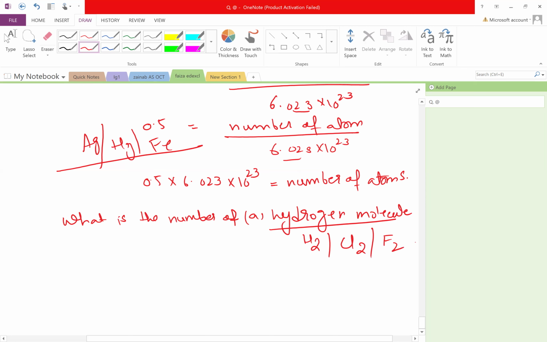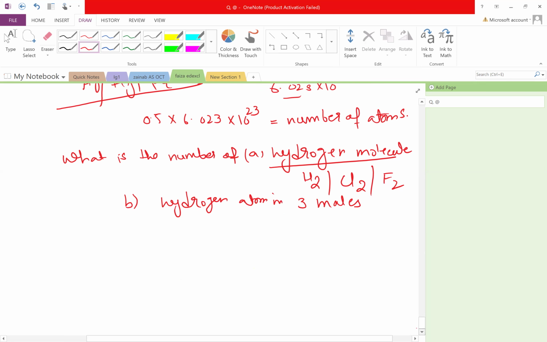These are the molecules. So now what we are going to do, we are going to find the number of hydrogen molecules, and question 2 will be hydrogen atoms in 3 moles. 2 questions we have to do.